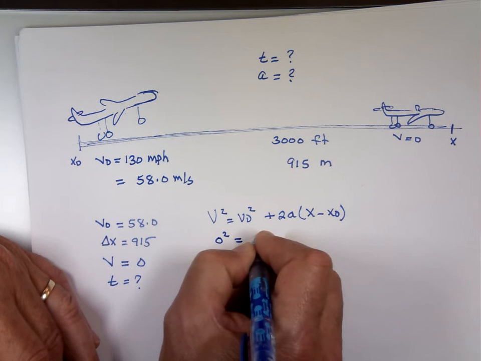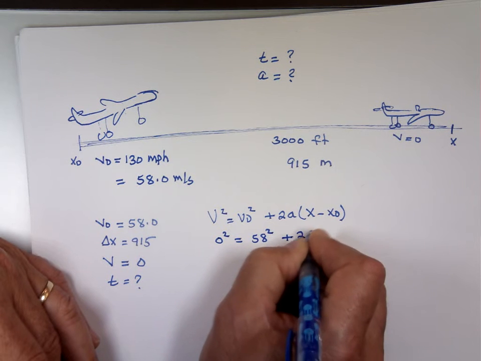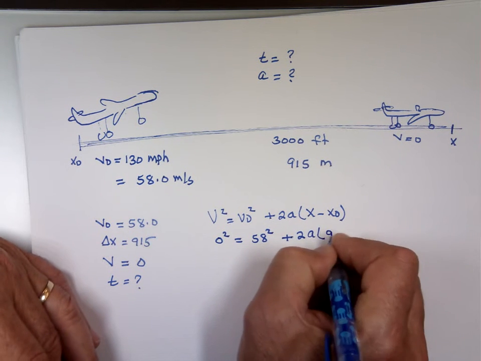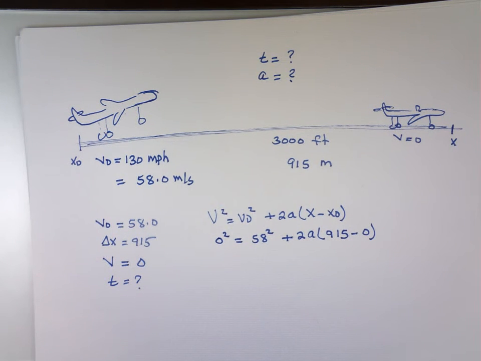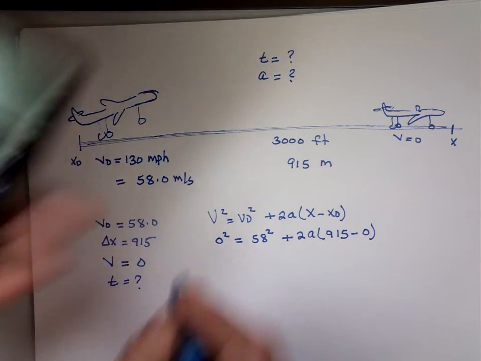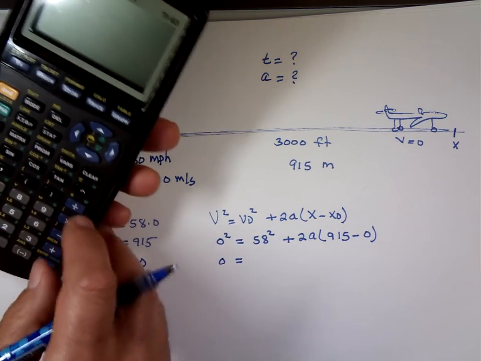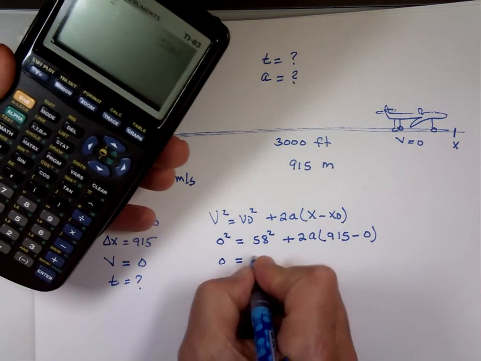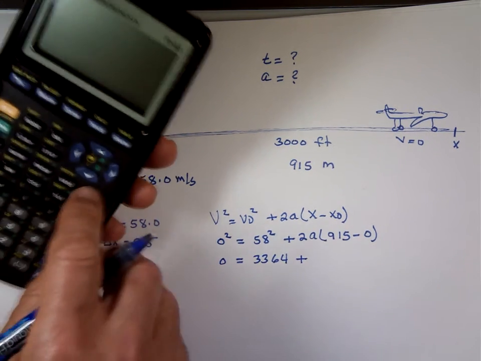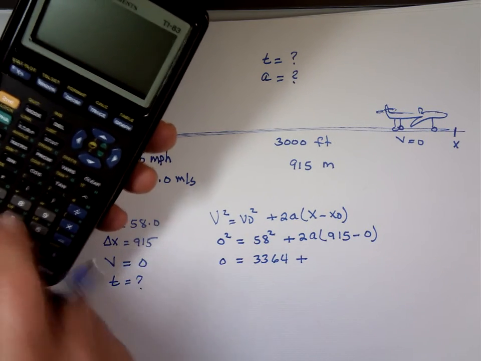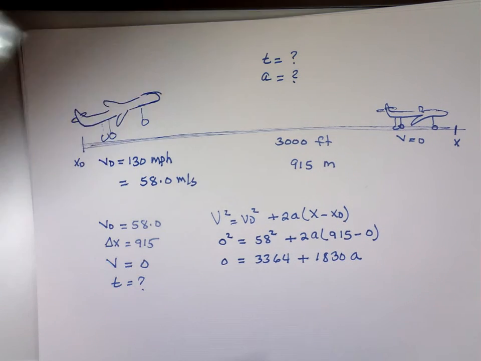Plus 58 squared. 2 times a times x, which is 915, minus x sub 0, which is 0. 58 squared is 3364. 2 times 915 is 1830 times a. Bring that number to this side, becomes a negative.